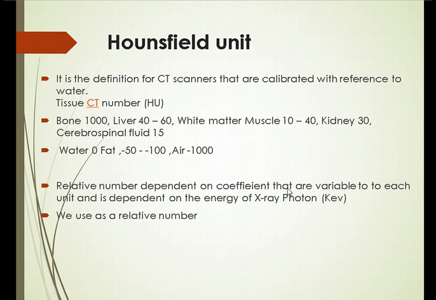So the number is relative within the CT scan itself, and that's how I like to use it. In your CT scan, you have your own ratios and your own machine calibrated, but at least we know the reference number would be 0 for water, and from there on in. I look more at the ratio of cortical bone, air, and sinus, and they'll give you a good idea.